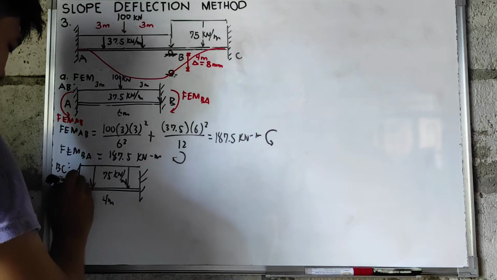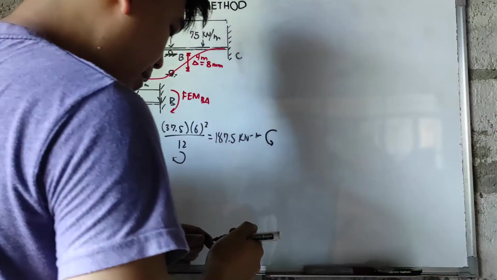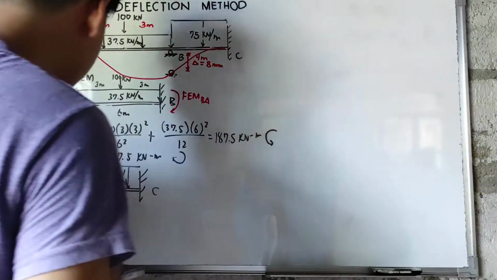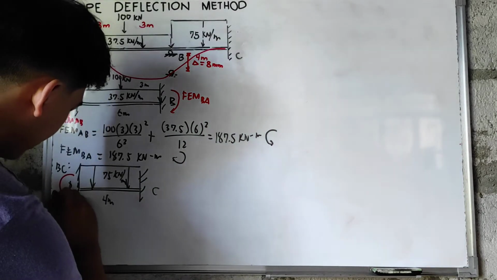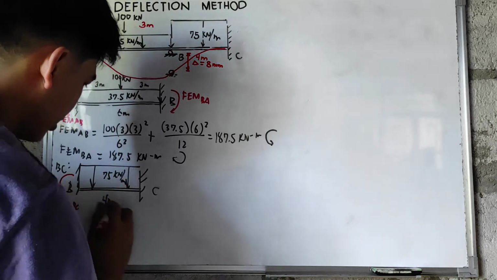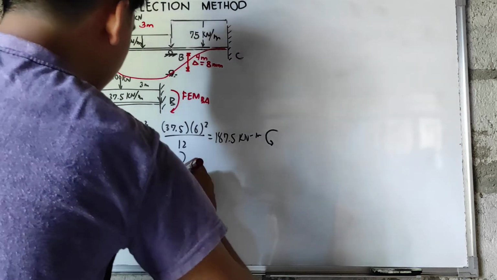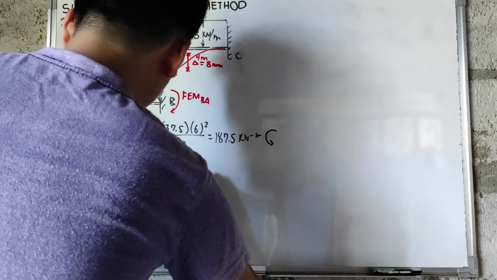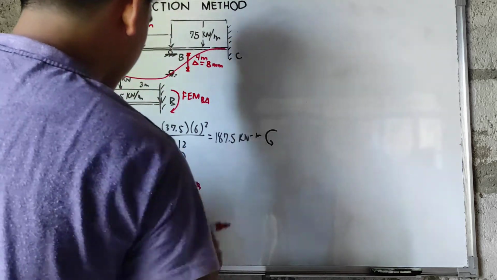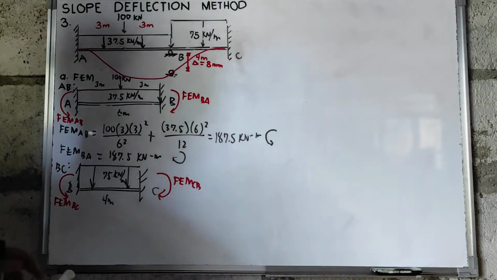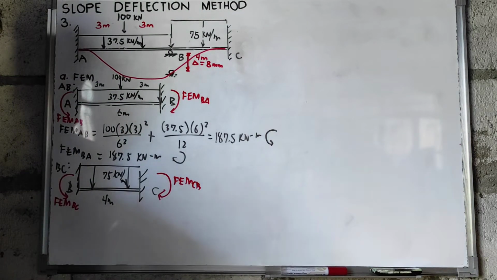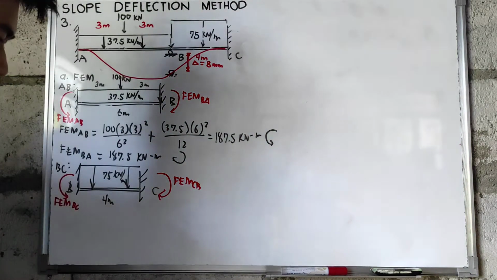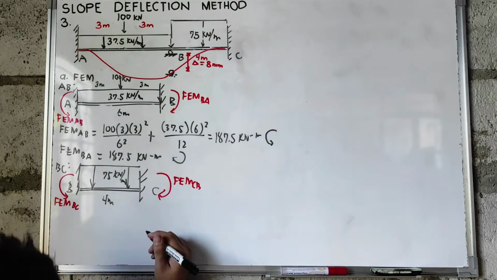So we have yung point B and C. Siyempre, we will have a fixed end moment dito na BC. This is FEM-BC. And also sa kabila natin, that is what we call FEM-CB. Since symmetrical lang naman yung loading natin, yung value ng FEM-BC equal lang siya sa value ng FEM-CB.